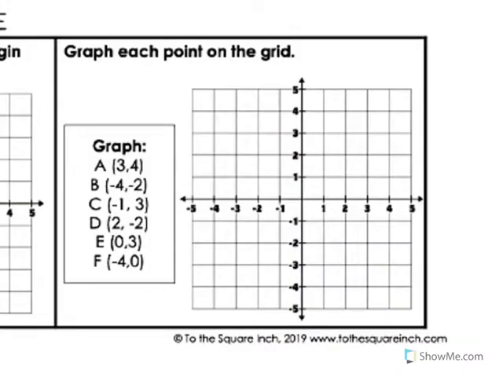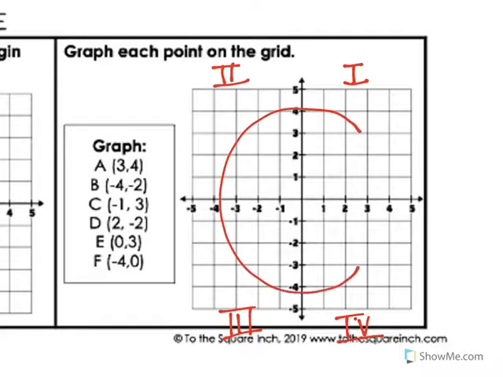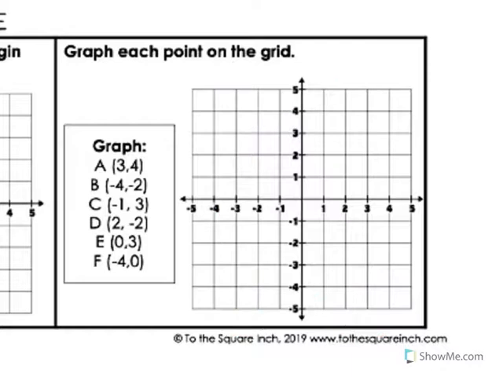Now let's plot some points on our coordinate grid. Remember we have our 4 quadrants. This is 1, 2, 3, and 4. Remember they're numbered, we can think about it using the letter C. They go counterclockwise. So let's plot point A on our grid.